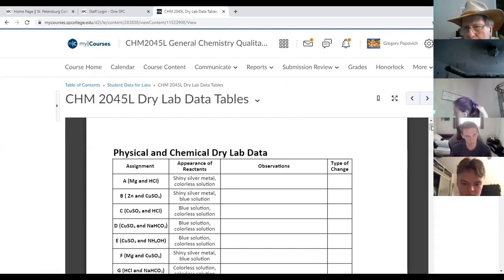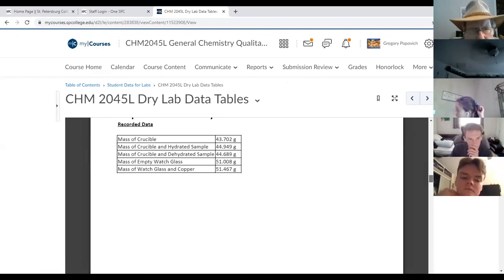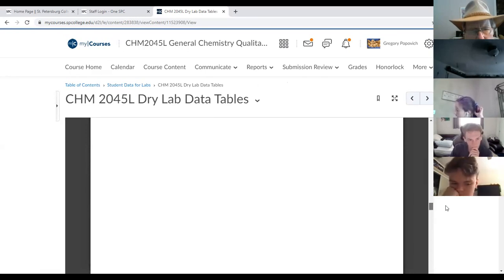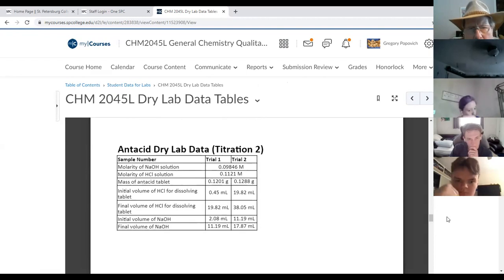Go down till you get the antacid. This is the information you have. They give you the molarity of the HCl. Do not, he gives this to you.